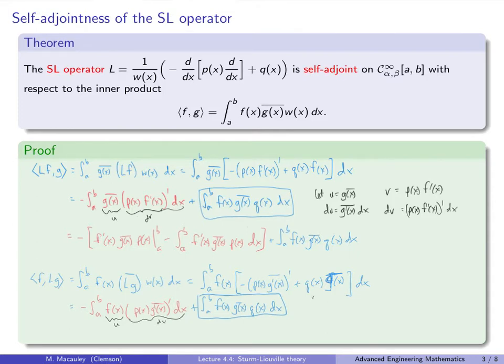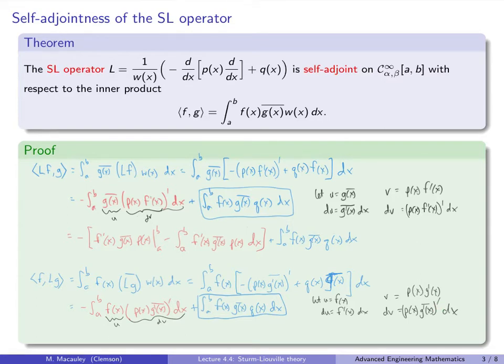So again, let u be equal to f of x, du equals f prime of x dx, and now dv equals p of x g prime of x bar. So it's this piece, and then the antiderivative of that, v, is just p of x g prime of x, because this derivative just cancels.